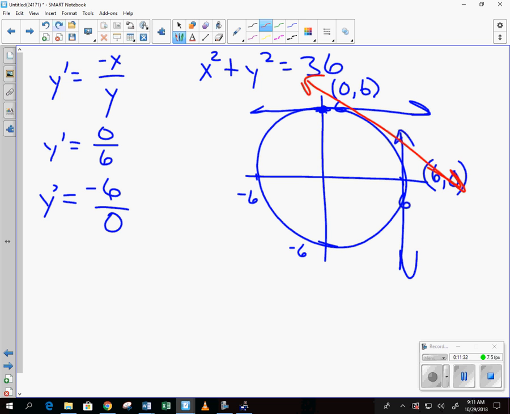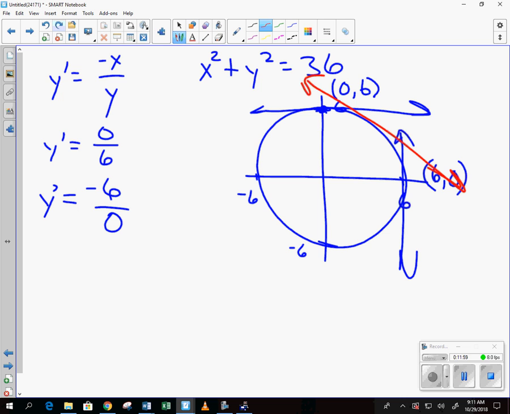Now, that would be a positive x and a positive y for a coordinate, correct? Well, if you plug in a positive x and a positive y, notice that this turns negative right here, right? So it produces a negative slope. So this will, in fact, tell you the slope of any tangent line to a circle at any given point, okay? And all of a sudden now, instead of just working with functions that pass a vertical line test, you can actually work with any type of graph that you want using implicit differentiation.